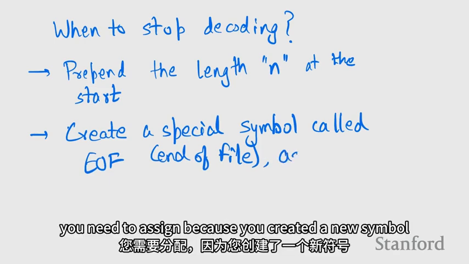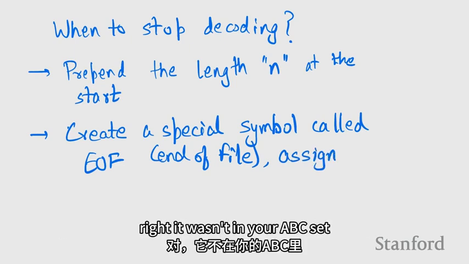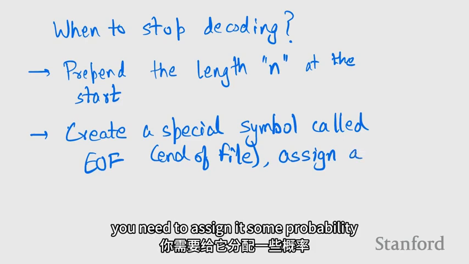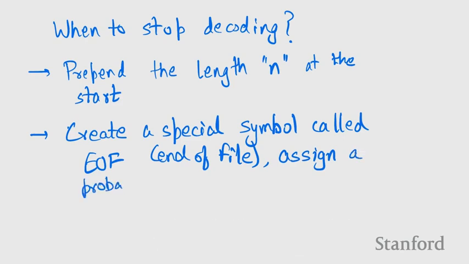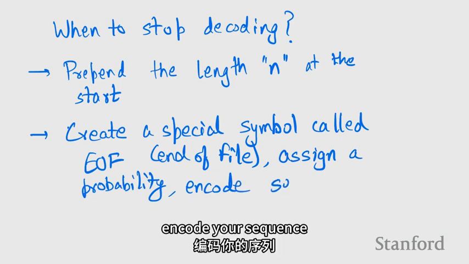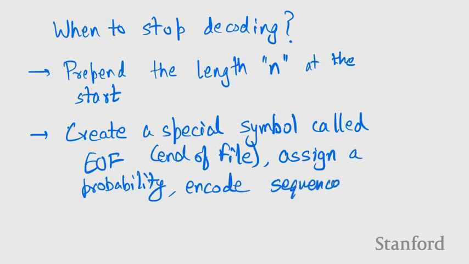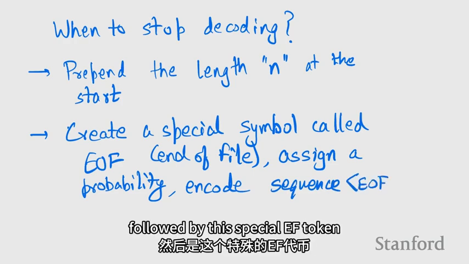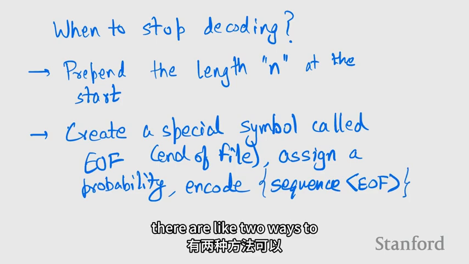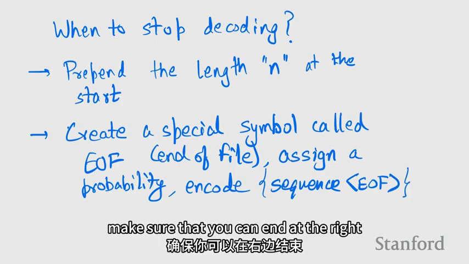Because you created a new symbol, it wasn't in your ABC set, you need to assign it some probability and basically encode your sequence followed by this special EOF token. So there are two ways to make sure that you can end at the right point.